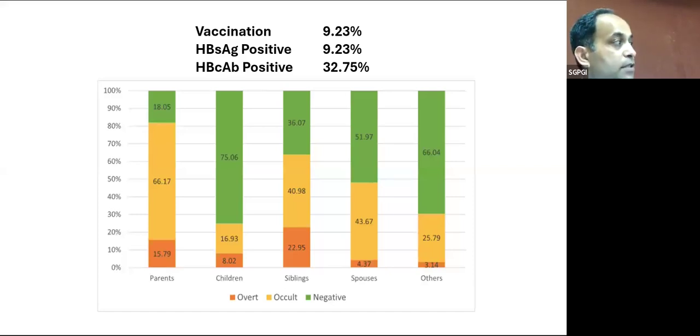Surprisingly, the spouses of the patients showed the least positivity with hepatitis B surface antigen. If you look at hepatitis B core antibody positivity, labeled here as occult, shown by the yellow column, it was again maximum in the case of parents.